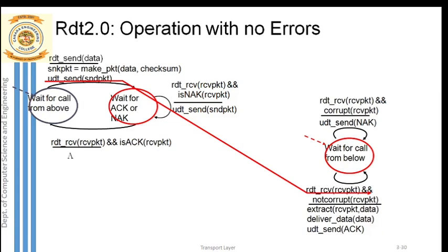The receiver will check whether the received data is corrupted or not. If the data is not corrupted, the receiver will send the positive acknowledgement. If the packet is a positive acknowledgement, this is the operation that is invoked, and it will go back to this state.